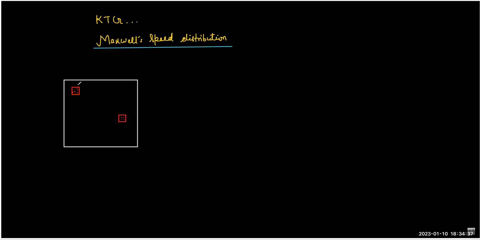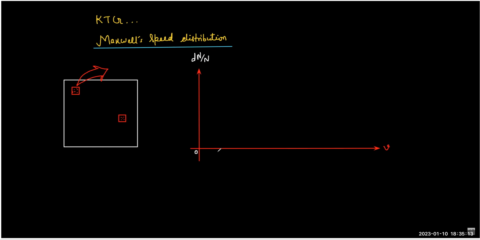But if I just take out one of them and try to plot the velocity on the x-axis, and if I try to plot that a fraction, means out of the n number of molecules, how many, so what fraction of molecule having a particular velocity.